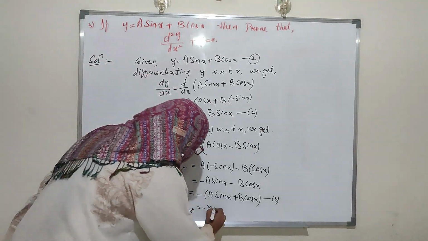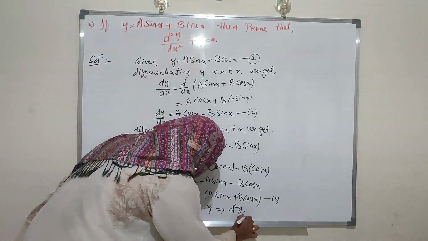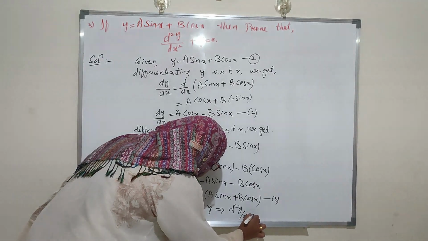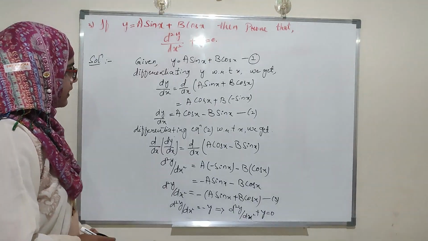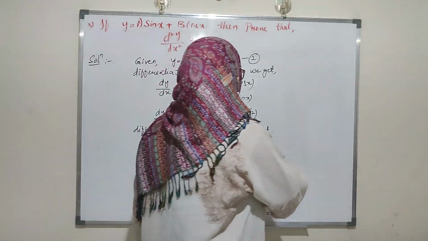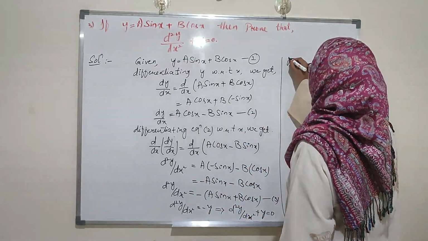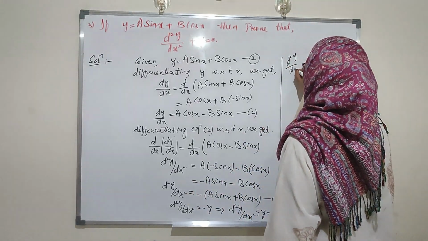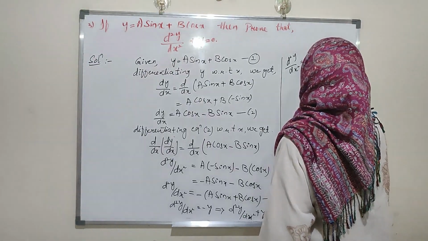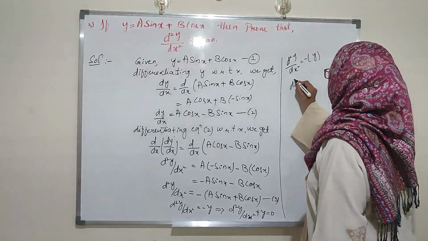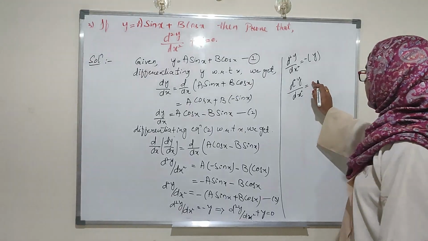So this implies d2y by dx square plus y is equal to 0. Lastly, we got d2y by dx square as minus of y. Now d2y by dx square is equal to minus y.